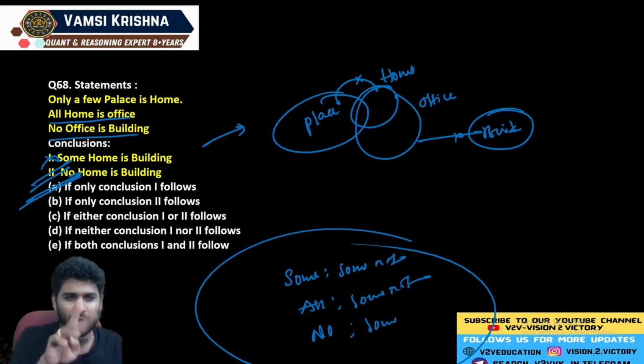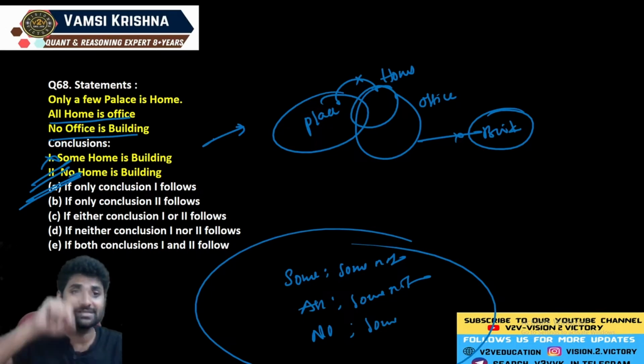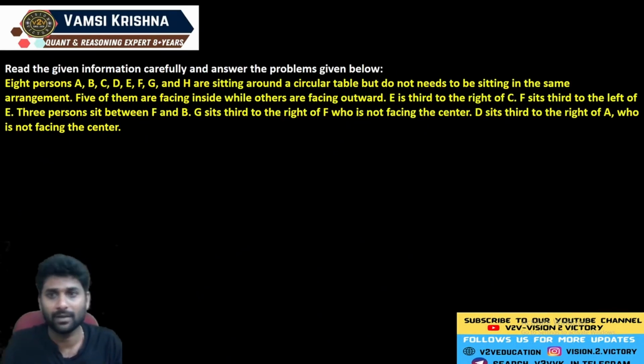If you see that objects are similar, some, no, complementary pair, you choose either or. But either or needs similar objects, a complementary pair, and both the conclusions must be wrong. If any conclusion is right, don't choose either or. Remember that point.